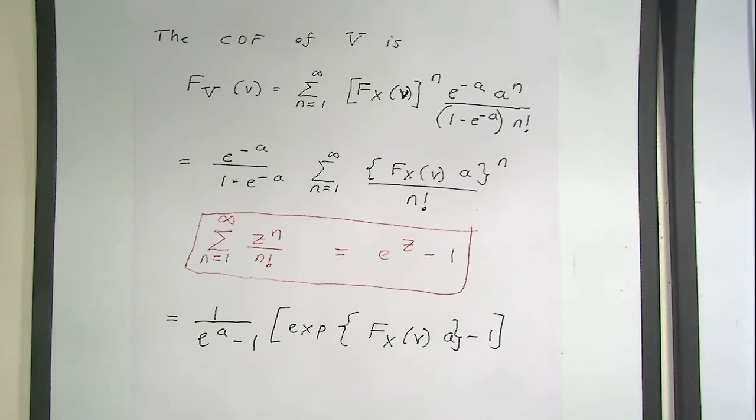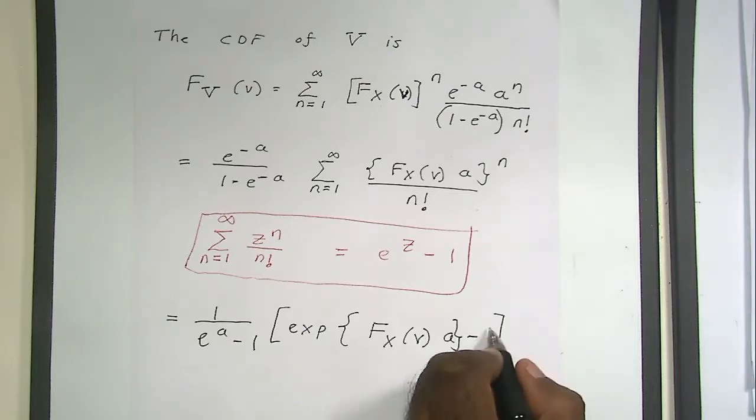I left out a -1 here, so this should be -1 here. I mean, because I'm using this result, I need to take the exponential of this and subtract -1. Sorry about this. It's the same here.